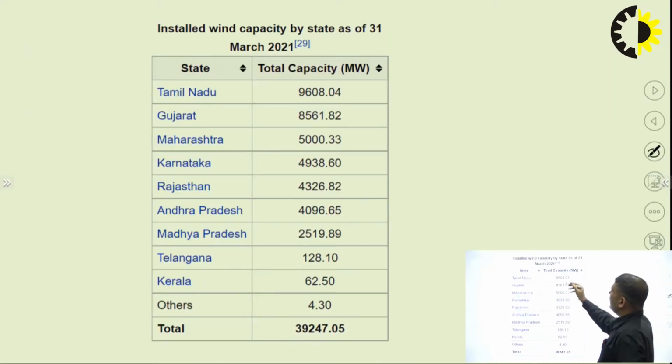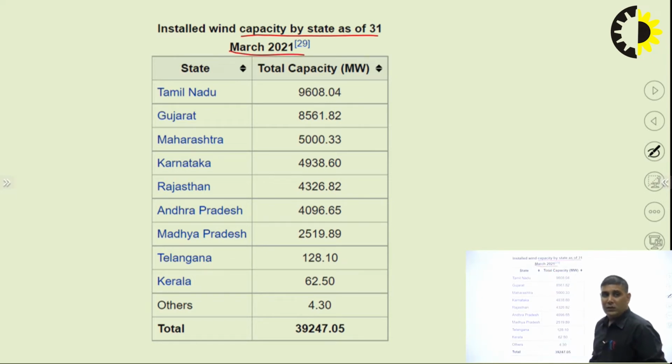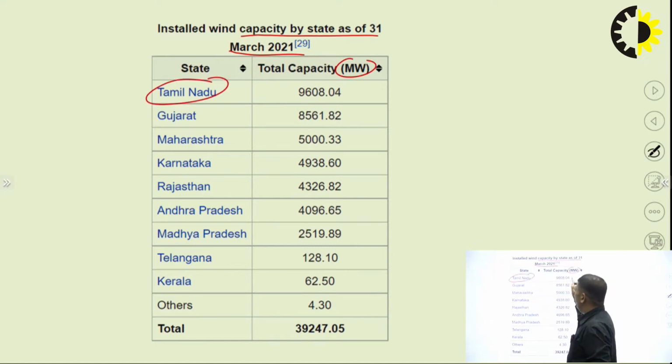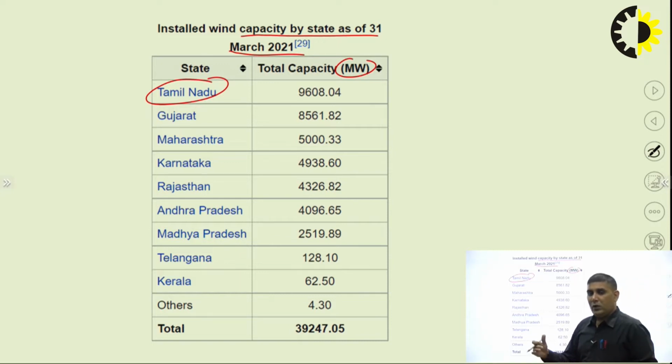As far as the installed wind capacity by state as on 31st March 2021 is concerned, these are the leading states of India which contribute to the generation of energy with the help of wind power, windmills. Tamil Nadu is the leader, followed by Gujarat, Maharashtra, Karnataka, Rajasthan, Andhra Pradesh, Madhya Pradesh, Telangana and Kerala. You can see that most of these areas are situated at the coastal areas near the sea.